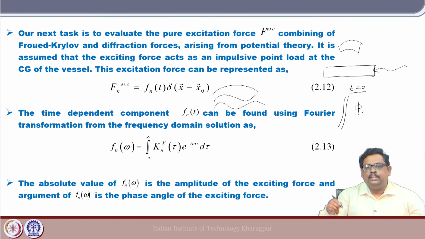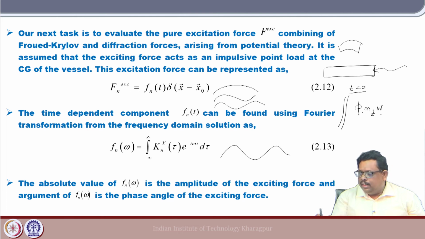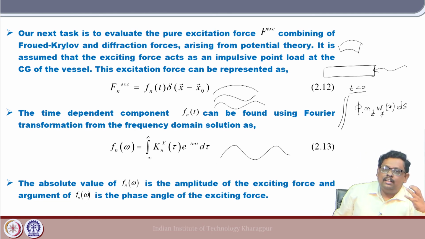Therefore, it should be nz multiplied by the corresponding mode shape. Now, in the case of, let us say, the first flexible mode, it should be Wx into ds. This is the idea about the whole thing.